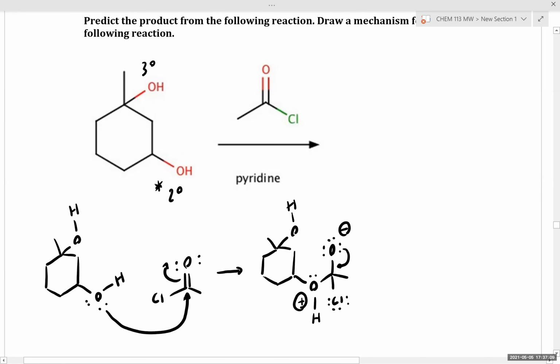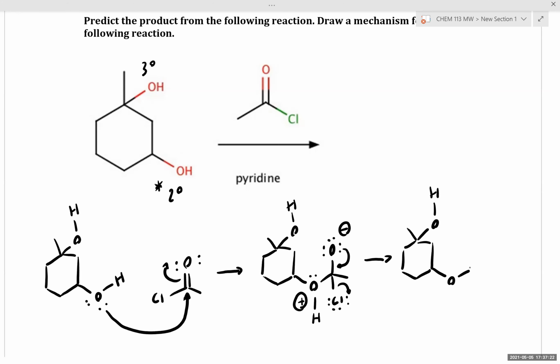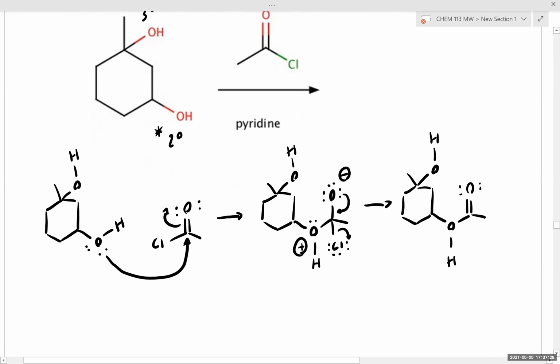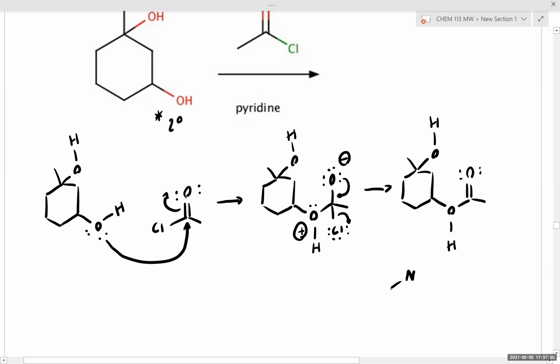From here, this tetrahedral intermediate will collapse and will kick out our leaving group, which in this case is chloride. From here, we get our protonated ester, which can then be deprotonated with an equivalent of pyridine.